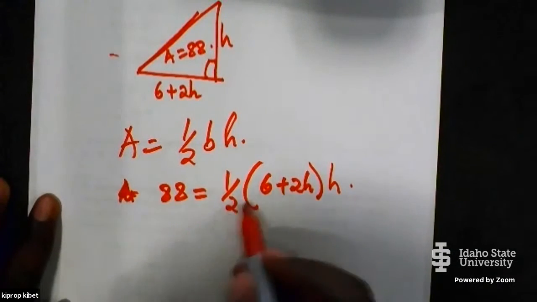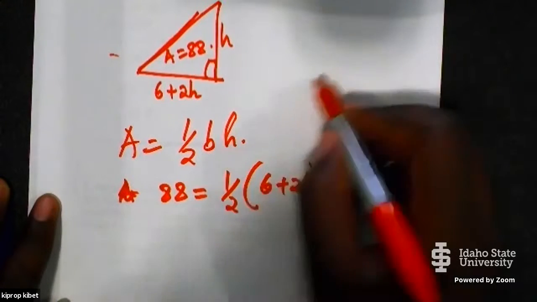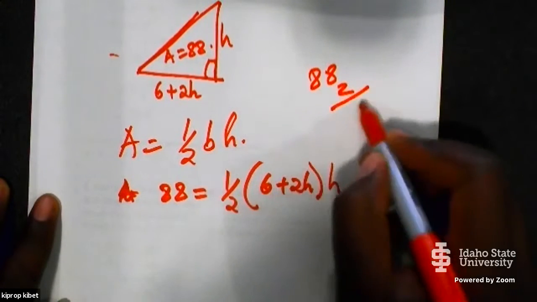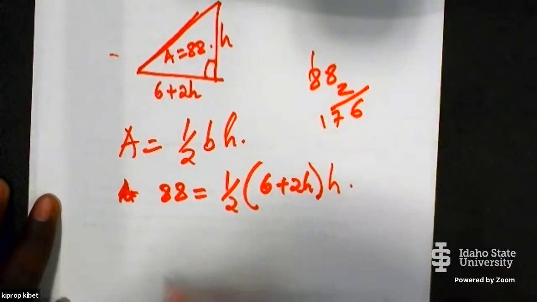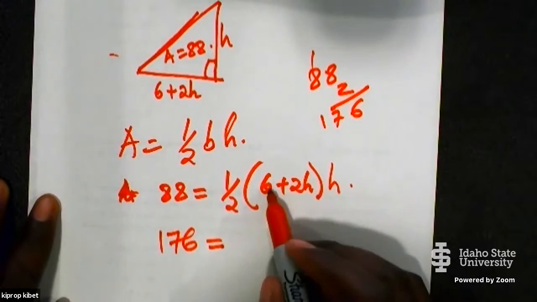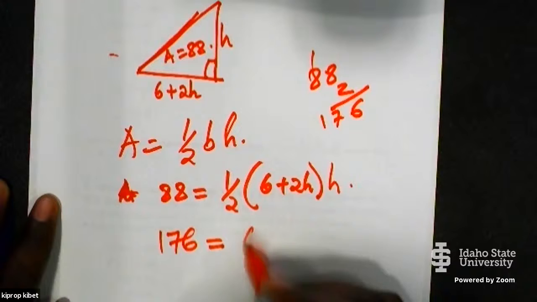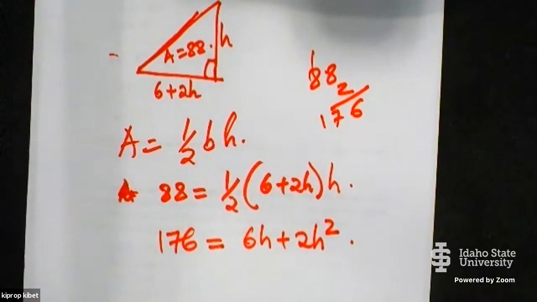So when you multiply by 2 everywhere, 88 times 2 is what? 176. So 176 equals, now you open these brackets, 6h plus 2h squared.